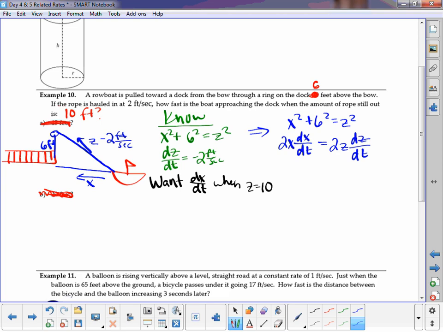Gee, I don't have X. I only have Z. How do I find X at this particular moment in time? Use that Pythagorean theorem to find your X value.